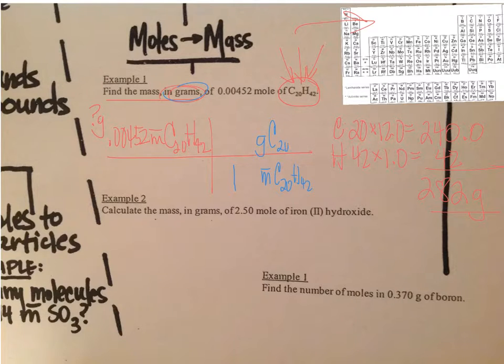So C20H42 is the compound, and the molar mass is what we just calculated, which is 282. So what we are saying is we have 0.00452 moles of C20H42, and we want to know how many grams that is equal to, if we know that 1 mole is equal to 282 grams.